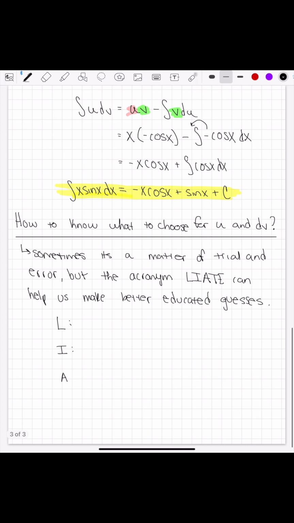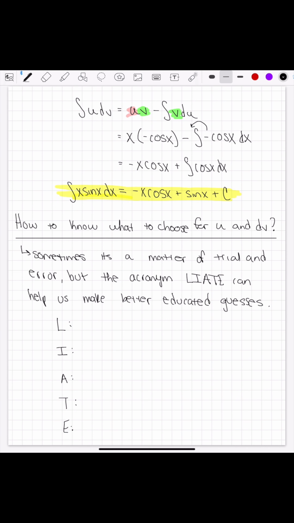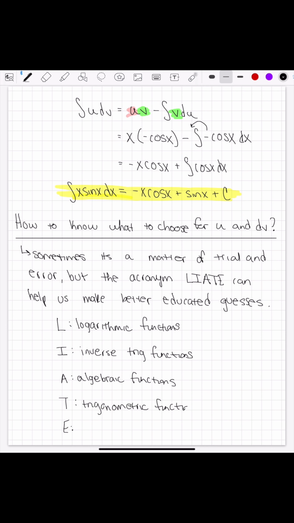L-I-A-T-E. L is logarithmic functions. I is inverse trig functions. A is algebraic functions. T is trigonometric functions. And E is exponential functions.